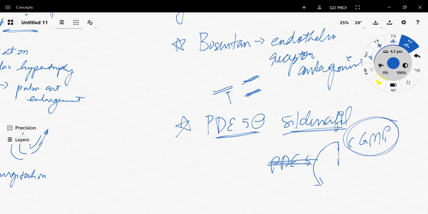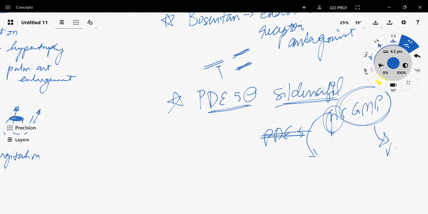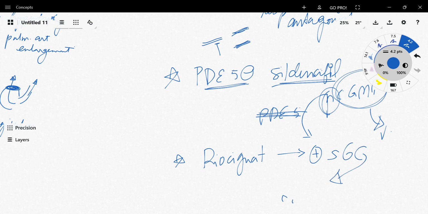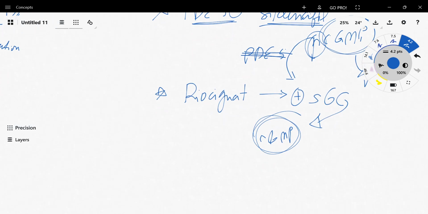Now when you block this, you have increased cyclic GMP, and that will cause vasodilation again and relieve the pressure on your pulmonary vasculature. The next one that I want to talk about is riociguat, which is a stimulator of soluble guanylate cyclase, which generates cyclic GMP. Okay, again that's a vasodilator.